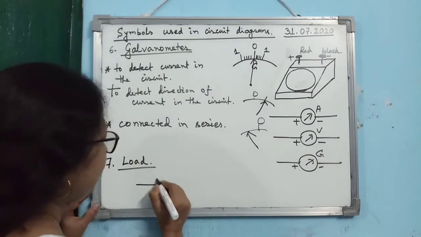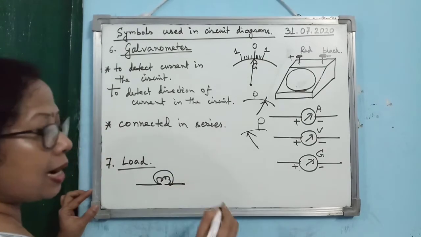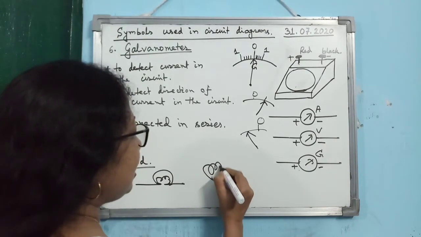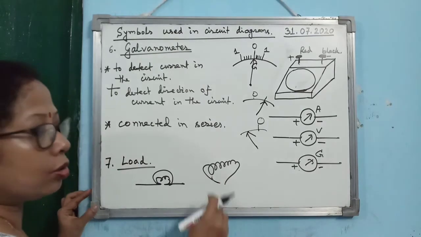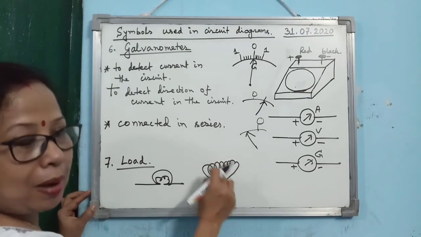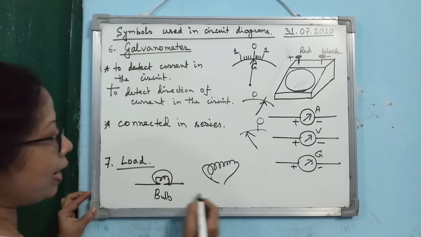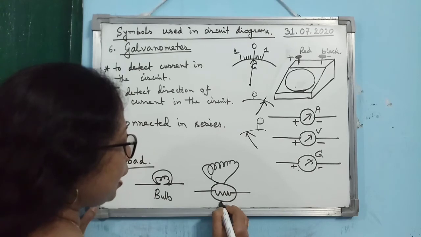For the bulb, this is the symbol we use. Inside the bulb, you have seen that there is a coil, which is very long and very thin. As it is very long, it is spiraled this way. So this is the symbol for the bulb, whereas for the heater this is the symbol.